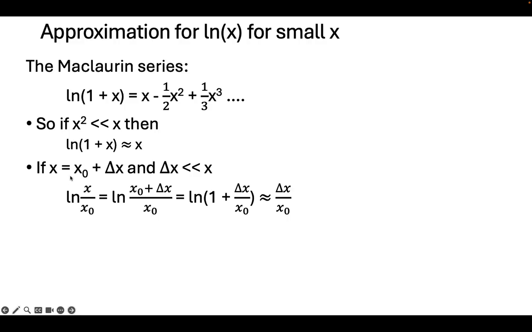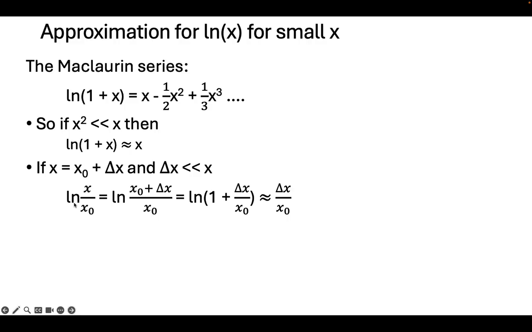Now, what we're going to do is take x equal to x0 plus a small change. This could be the temperature plus a small change in temperature, or a volume plus a small change in volume. So we have x equal to x0 plus delta x, and delta x is much smaller than x0, so a small change in x.